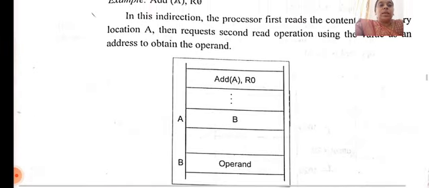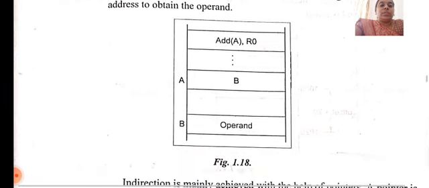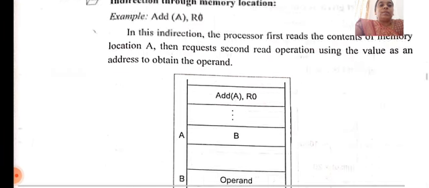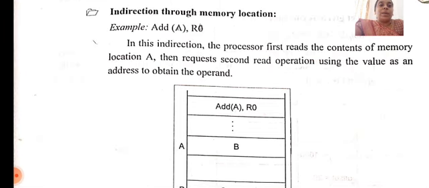In this diagram, A contains the address of the operand. After that, we refer to location B to find the operand.